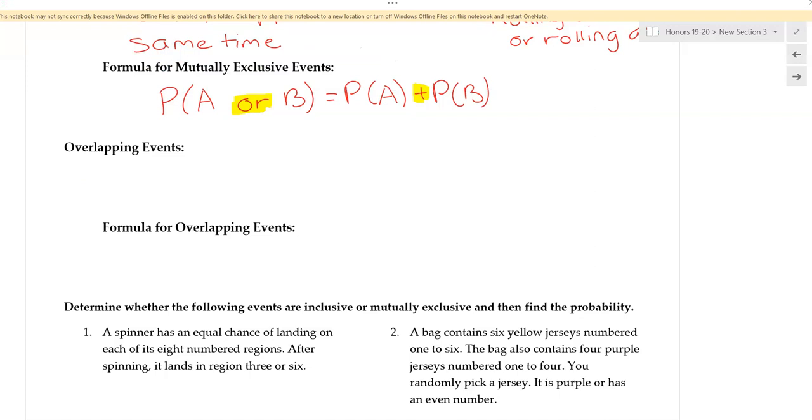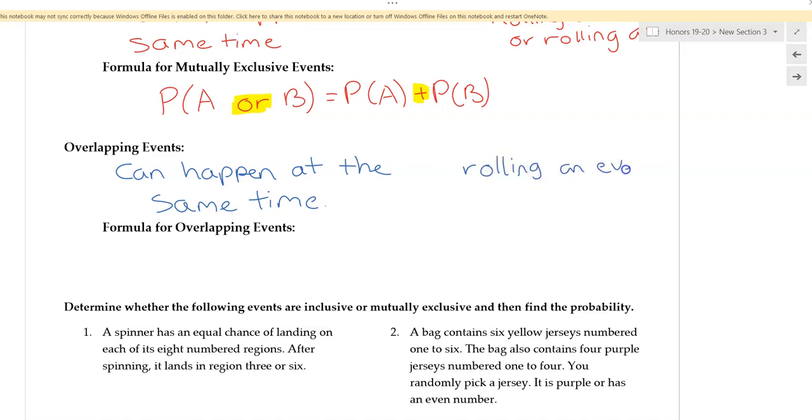Overlapping events, they can happen at the same time. For example, rolling an even or a number less than 3.